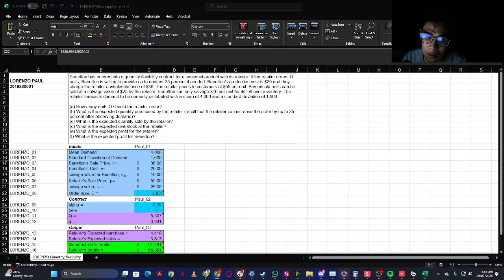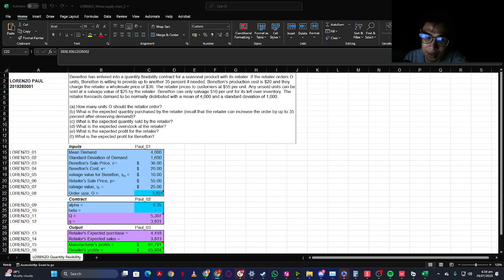The retailer's expected purchase, considering the 35% flexibility, is calculated using the formula Q equals order times 1 plus the flexibility factor. The expected purchase is found to be approximately 3,931 units. So what's next?